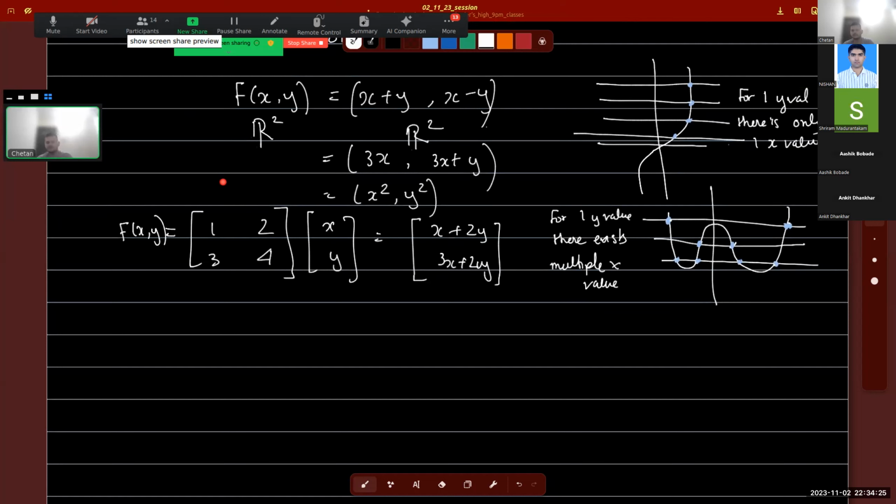Okay, what would be a general form of a linear equation in two variables? Can we consider that as a function in R2 as well? ax plus by plus c equals 0, right?